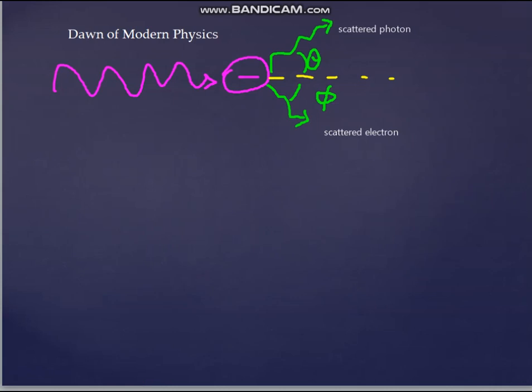I'll write it down. So nu2 will be less than nu1, which means this pink X-ray that I've drawn in here, I'm highlighting this ray, this will have a higher frequency.